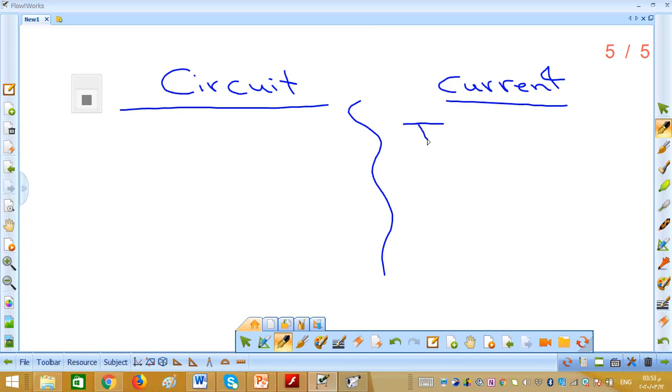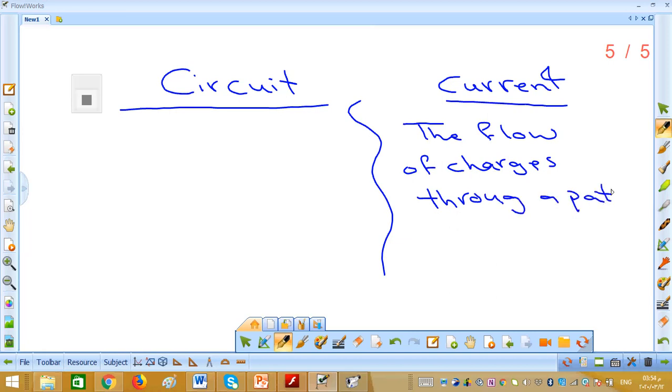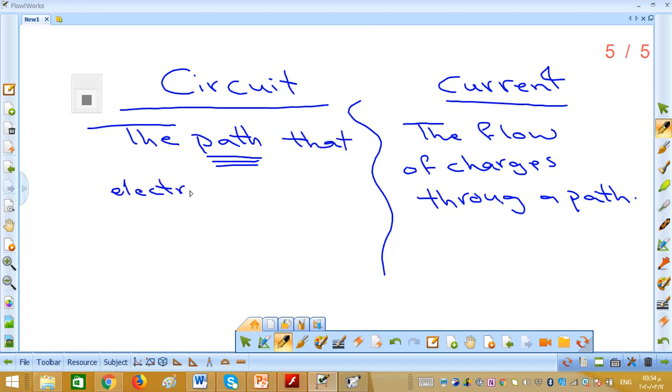Current, we said, is the flow of charges through a path of wires. And circuit means the path that electric charges can flow through.